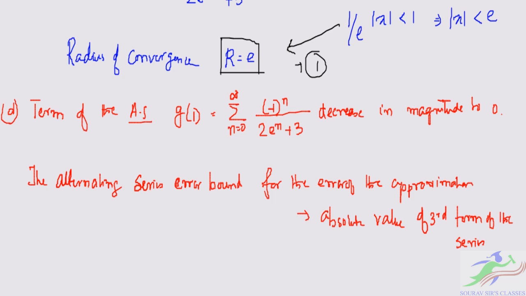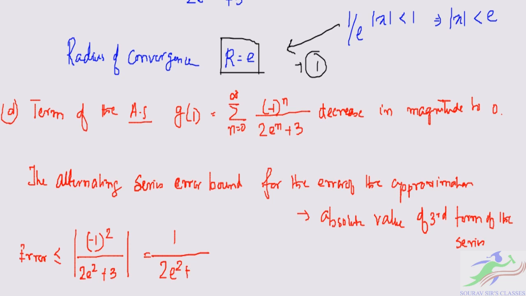So what will be the error? You have to find this error from here. That will be less than or equal to the absolute value of (-1)^2 by 2e^2 + 3. We have taken the third term of the series, which is equal to 1 by 2e^2 + 3.